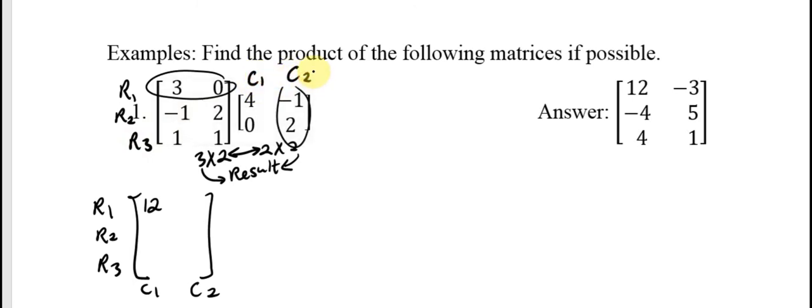So each entry in here has to match up, right? So this is R1, C1, R1, C2, R2, C1, R2, C2, R3, C1, and then R3, C2.